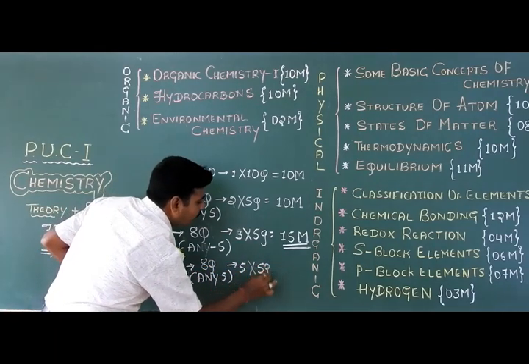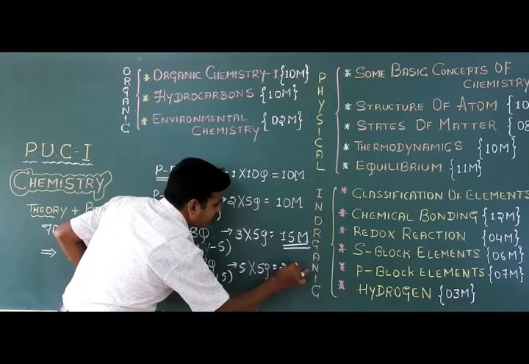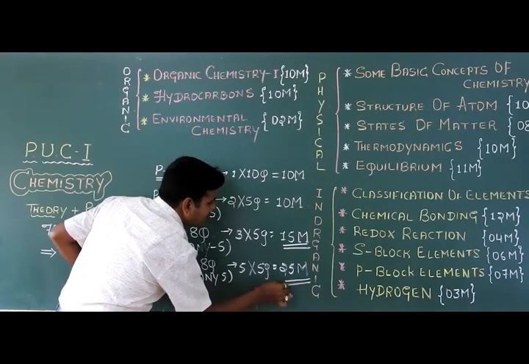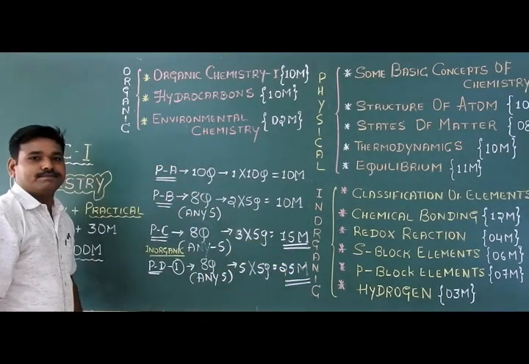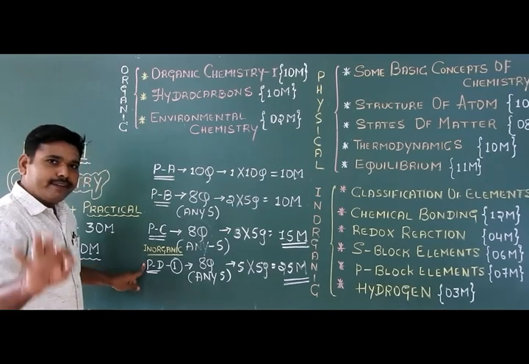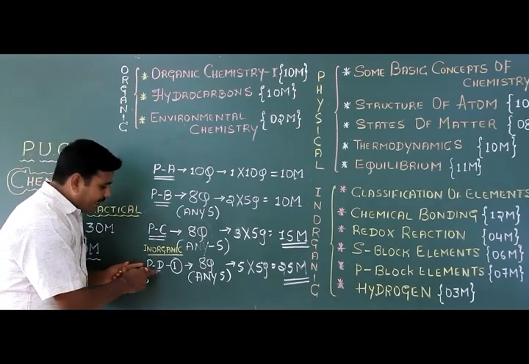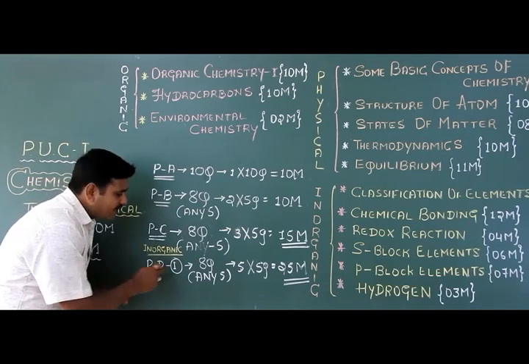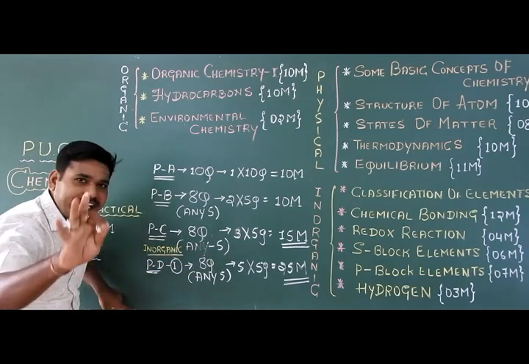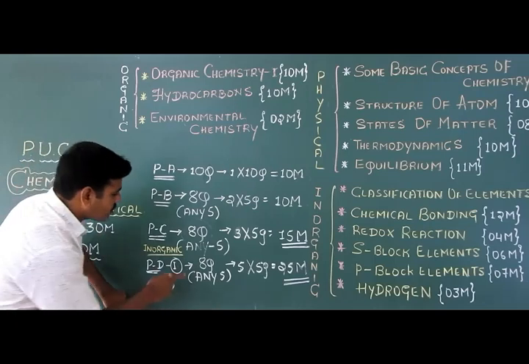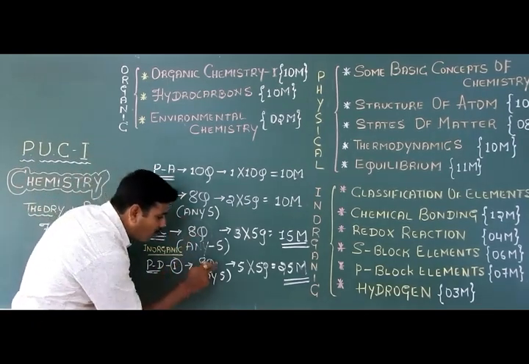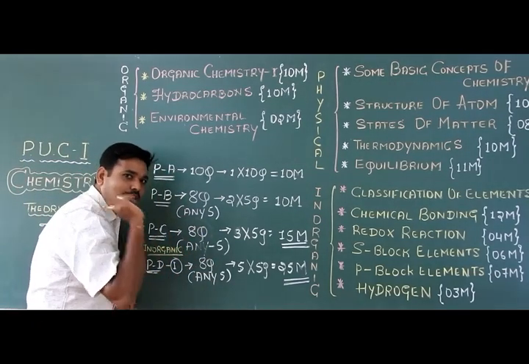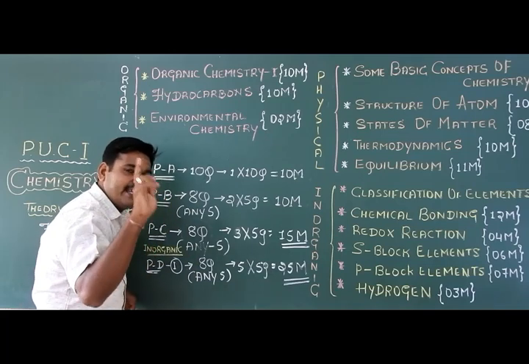So 5 into 5, the total weightage is 25 marks in the final examination. So the fourth part in the question paper is part D, and in the first main the total number of questions is 8, out of which any 5 are to be answered.